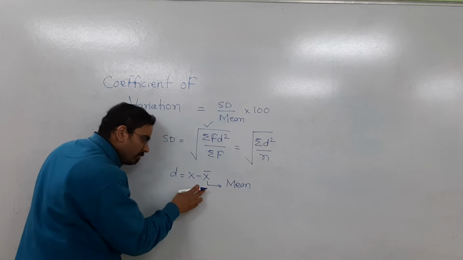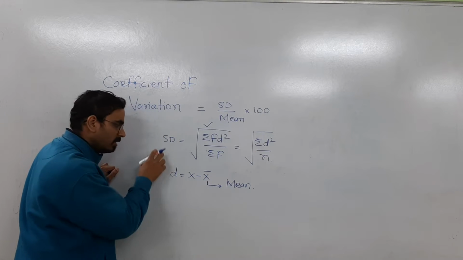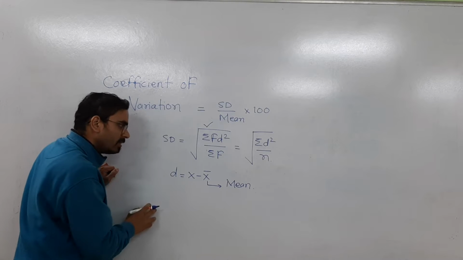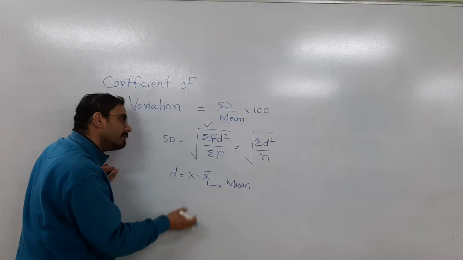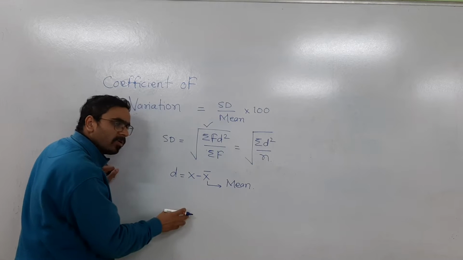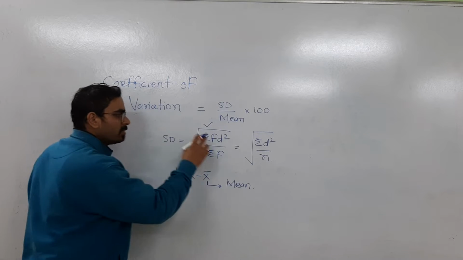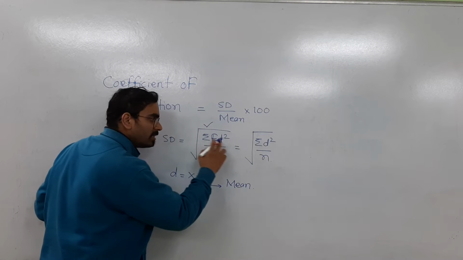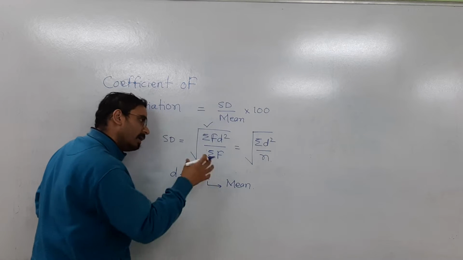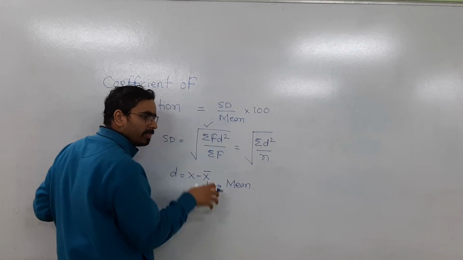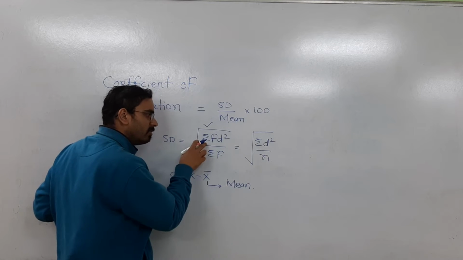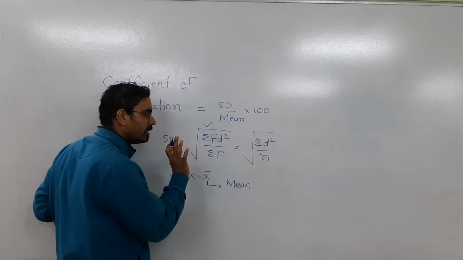By using that mean, we will find the d column, and after getting the d column, we will square that column, we will get the d square column, and then we will multiply that d square column with the frequency column. So we will get another column, that is the fd square column. After getting that, we sum up that column, and we get the value of summation of f into d square.